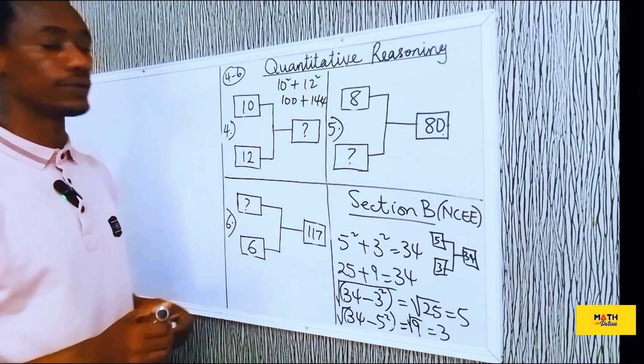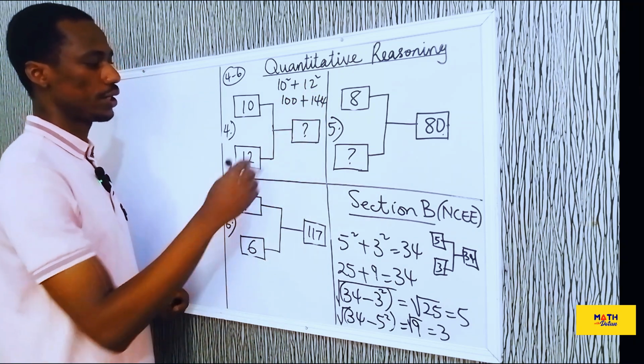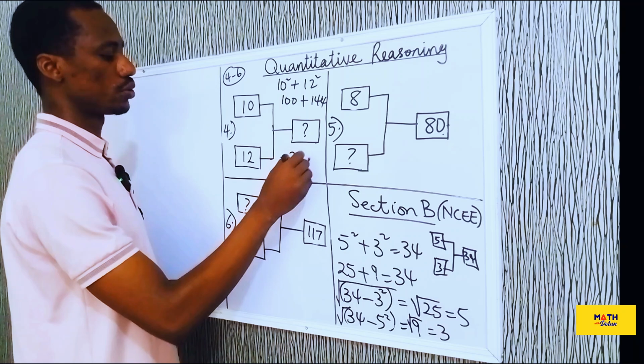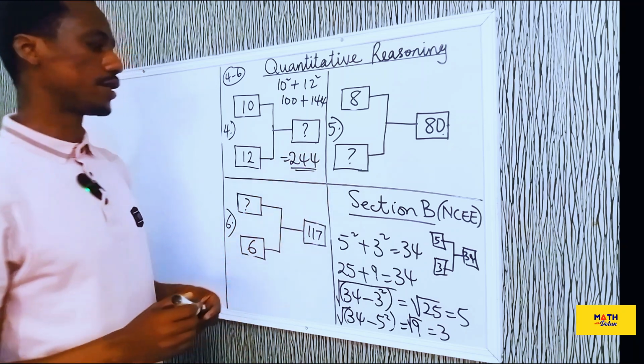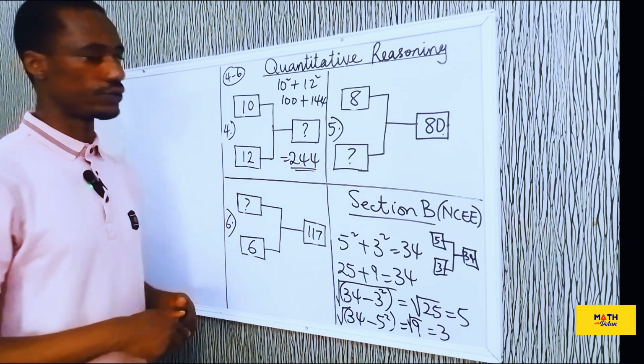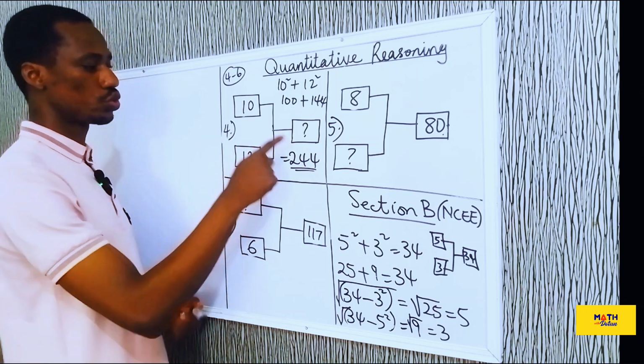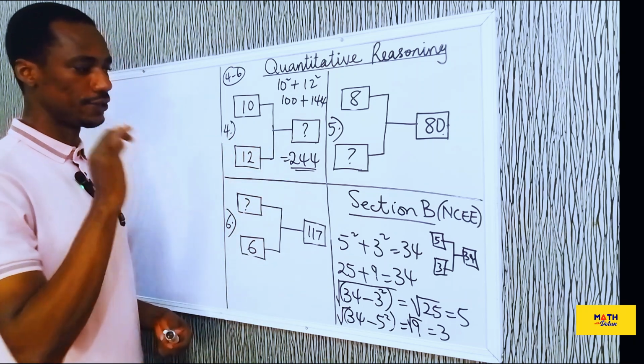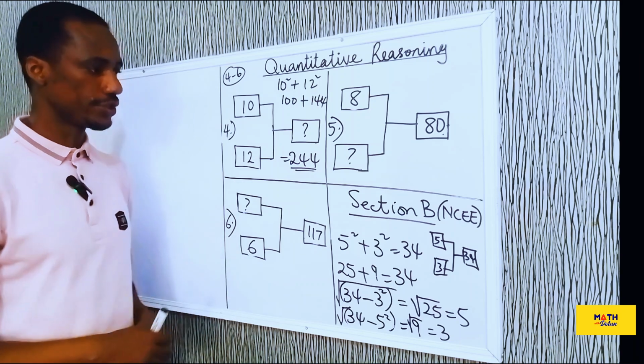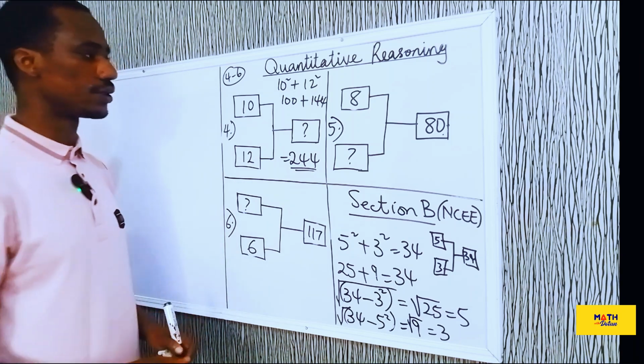So 144 plus 100 is 244. So the final answer is 244. So that's 10 squared plus 12 squared equals 244. Is it easy? So that's the right one.